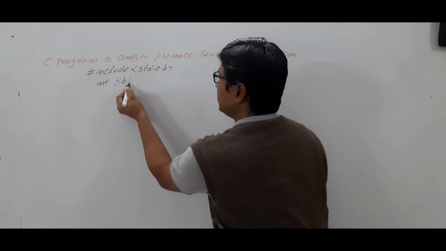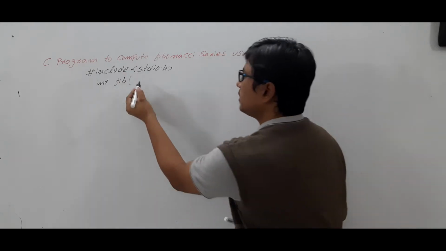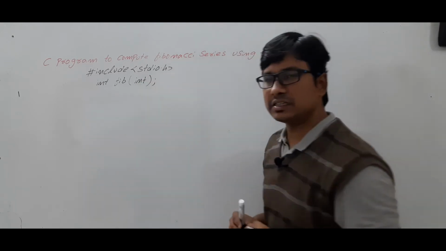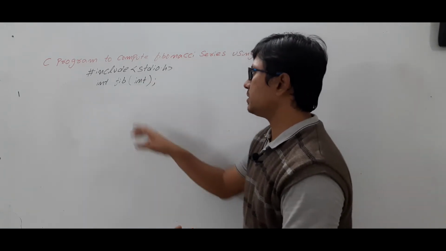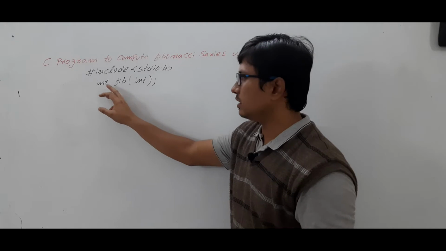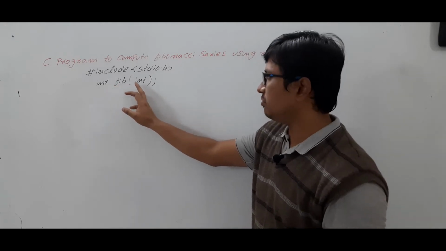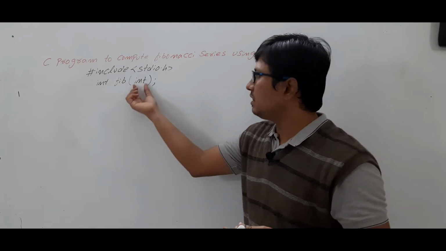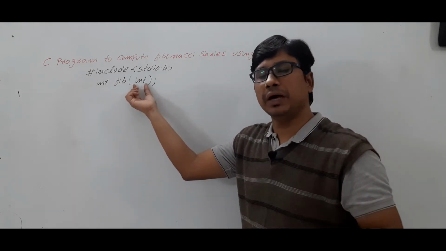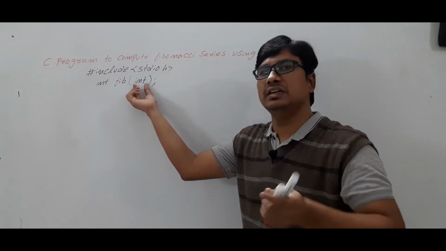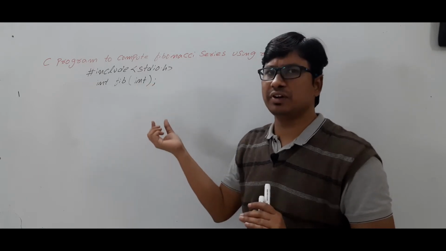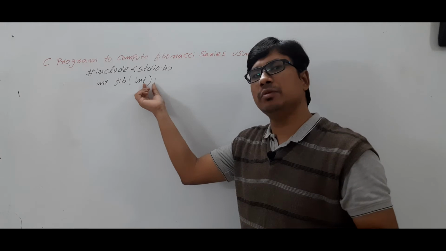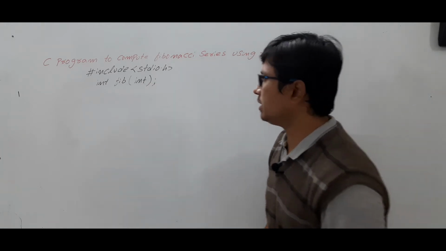My function will take one parameter which is an integer, so I am writing the data type as int. So int is the return type, fib is the name of the function, and int is a data type which tells that this function will take one parameter or argument of integer type. I need not specify the name of the variable; even if I do not specify it, it is not a problem.